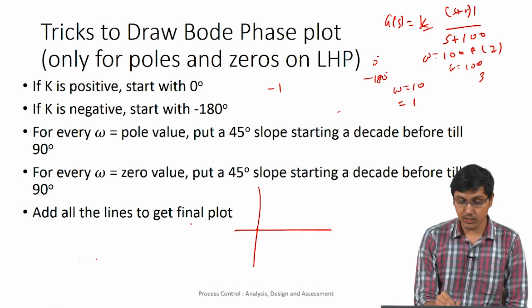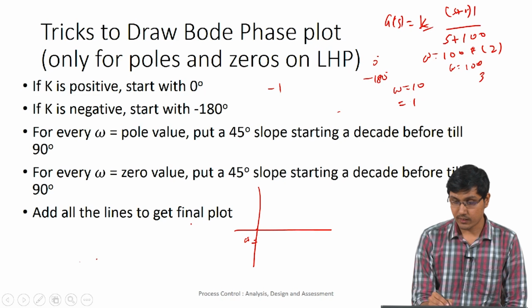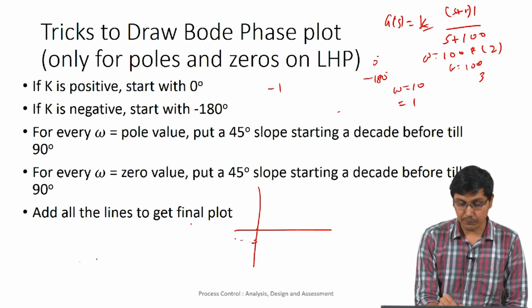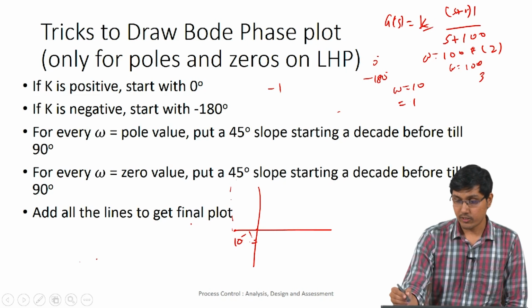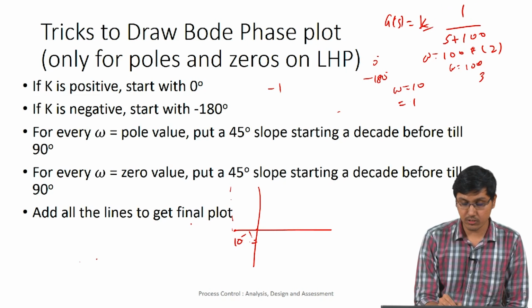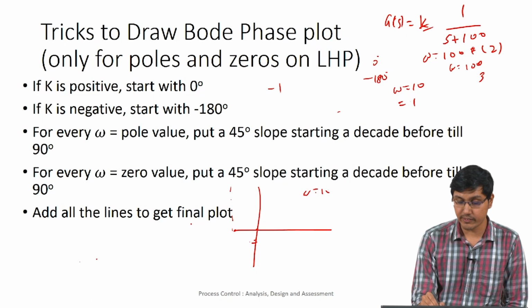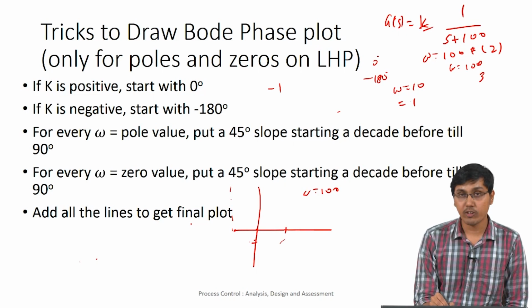So at omega equal to 0.1, 0.1 is 10 to the power minus 1. Okay, for simplicity we will assume 1 for now. So omega equal to 100 is what we are interested in. So logarithm of omega equal to 100 is nothing but 2, with 1 here and 0 and 3 here.